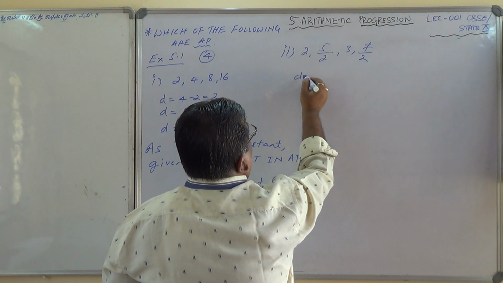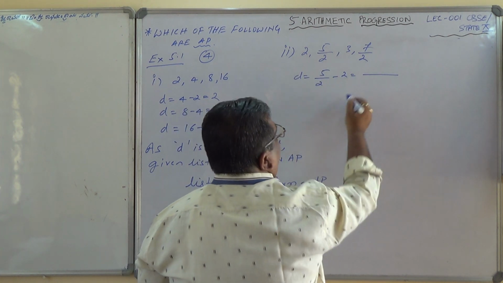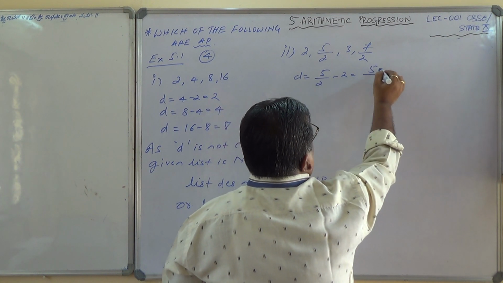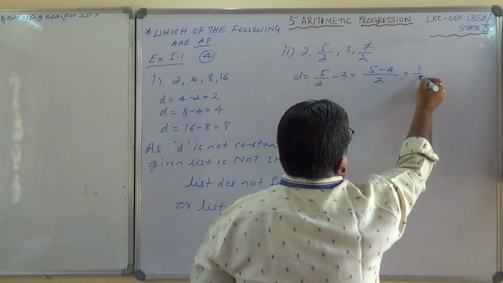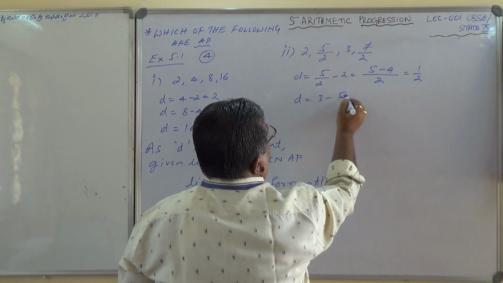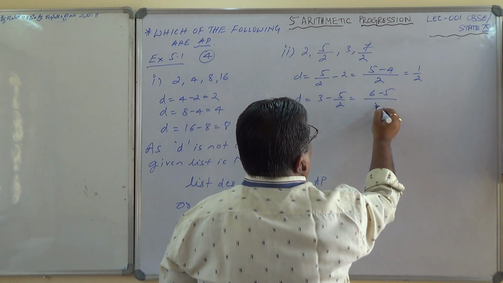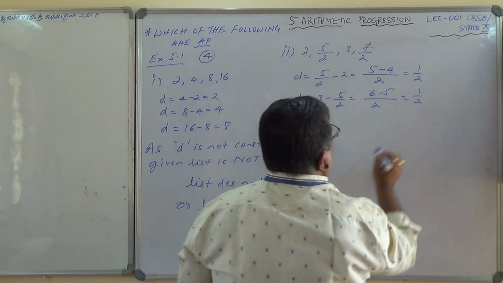Therefore, D equals 5 by 2 minus 2, which equals 2 is the LCM. So 5 minus 4 here, which is 1 by 2. And also D equals 3 minus 5 by 2, which equals 6 minus 5 by 2, which is 1 by 2.